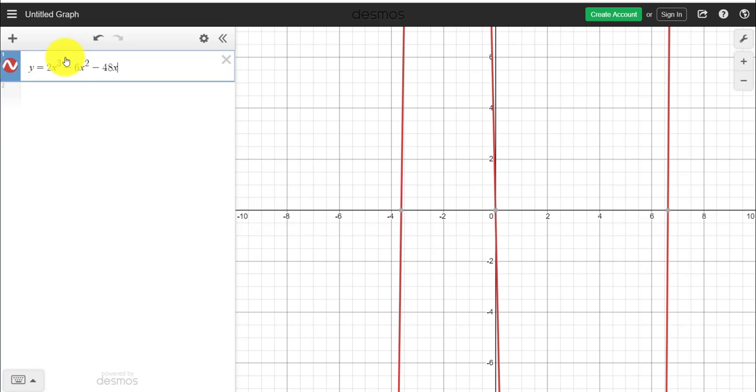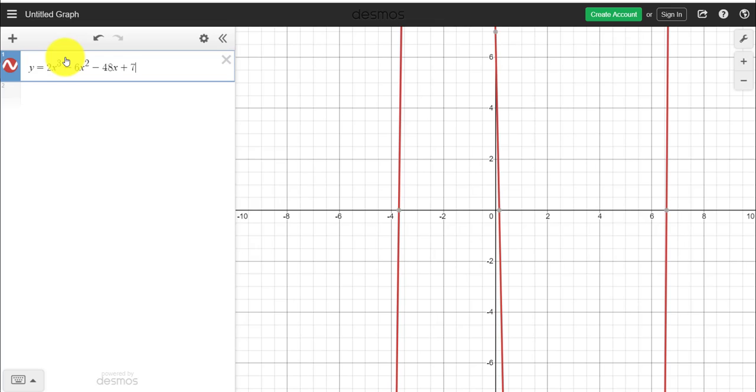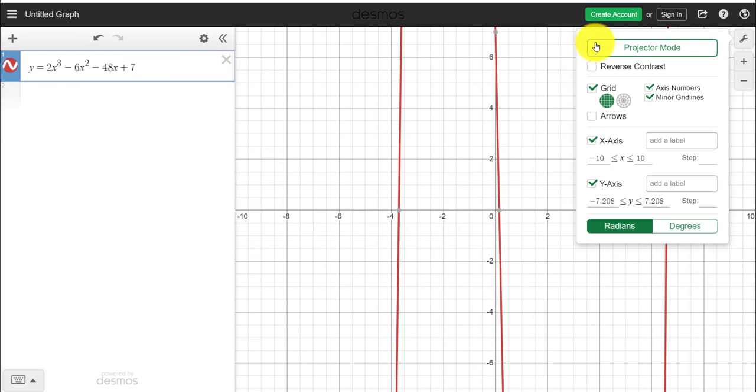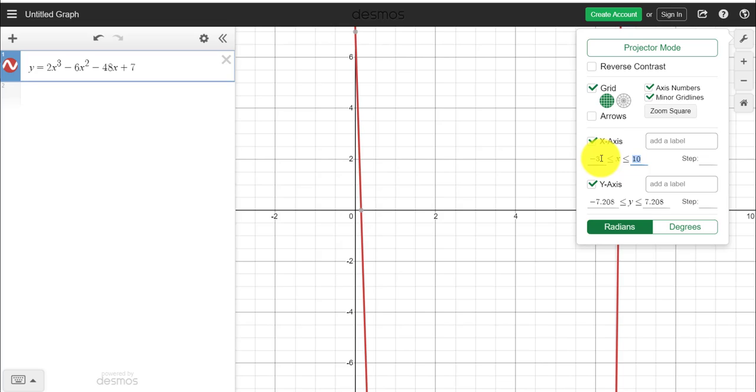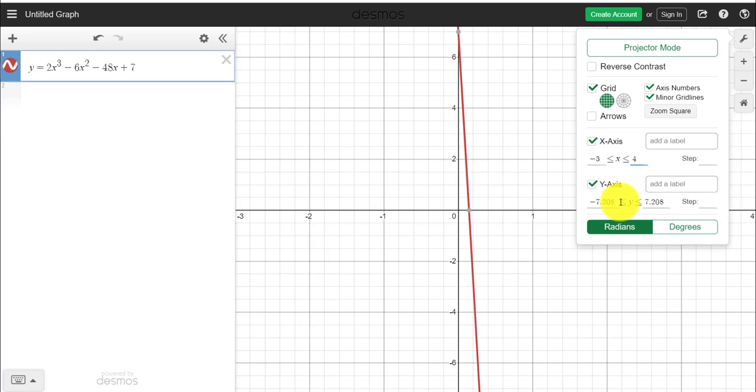My zoom is not very good because we chose 2, it's quite large. So let's change that. I want that to be from negative 3 to 4 or something like that, and then I want this to be negative 100. See if that works. No, that doesn't work.